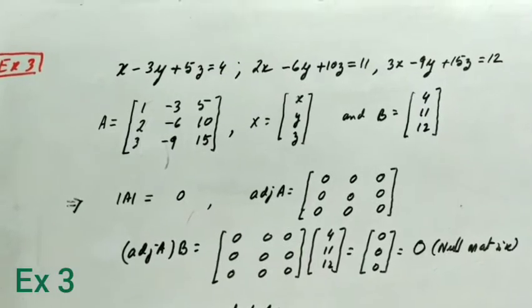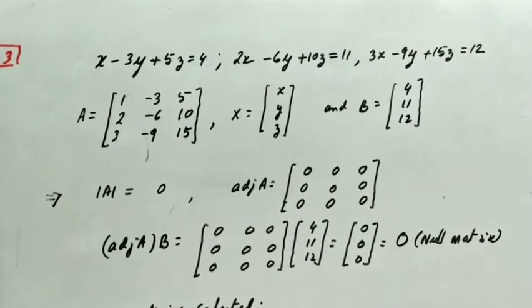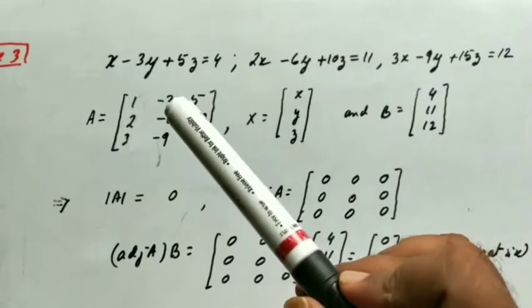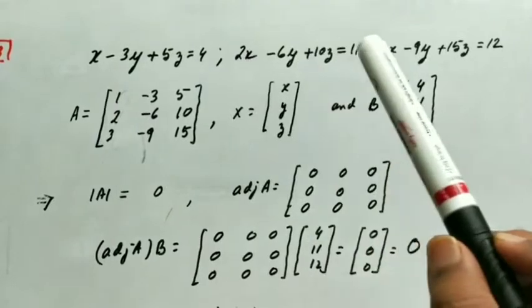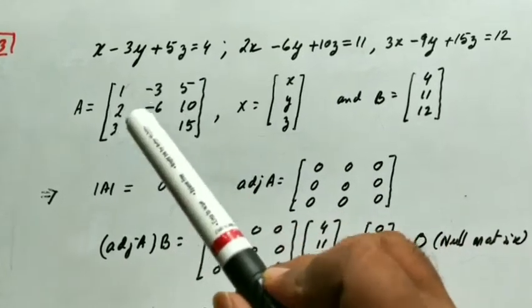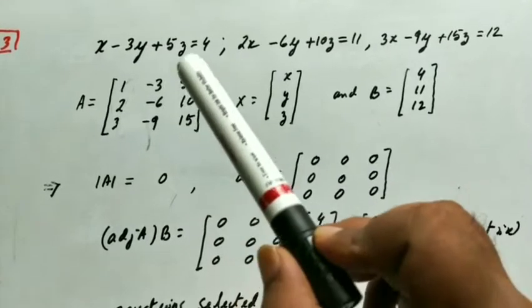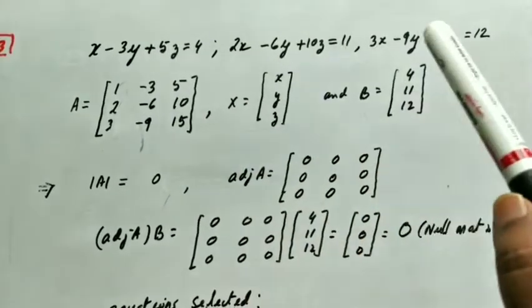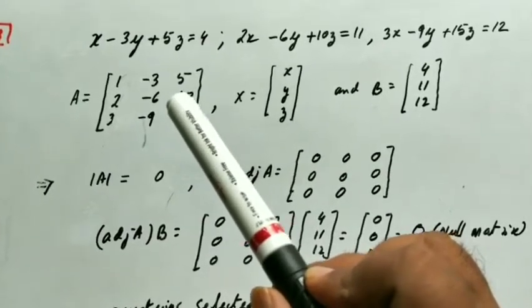So I take another example, non-homogeneous linear equations in three variables. Now I find the coefficient matrix: 1, 2, 3 in the first column, minus 3, minus 6, minus 9 in the second column, 5, 10 and 15 in the third column. Now you will find one thing here.